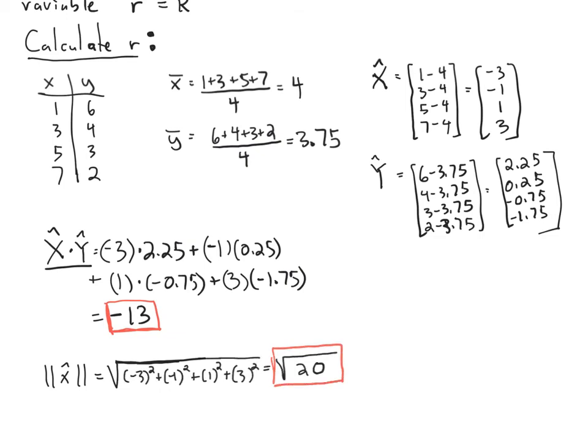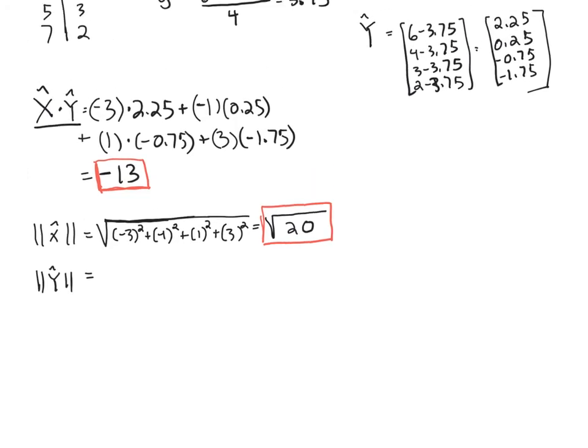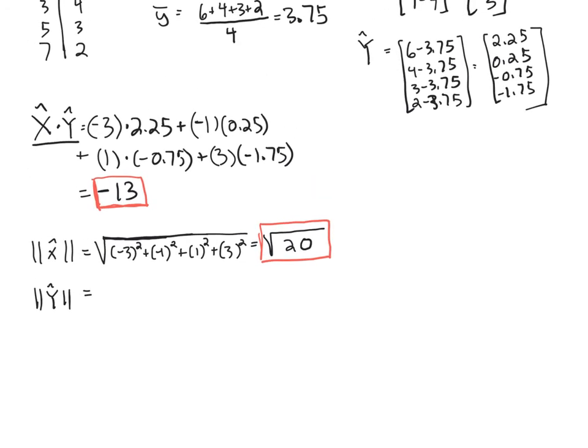And then finally, I need the norm of y, or sorry, I should say y hat. So the norm of y hat, well, maybe I should scroll up a little bit so I can actually see my numbers here. There they are.